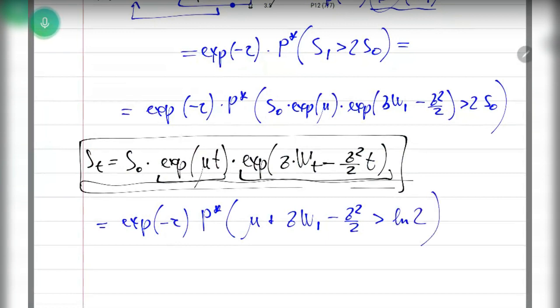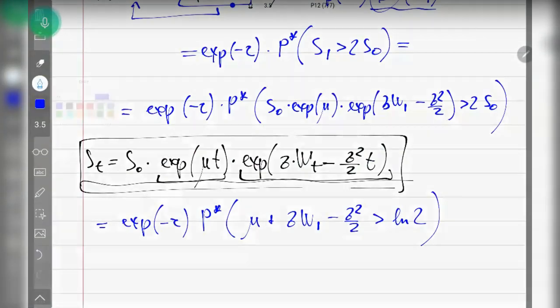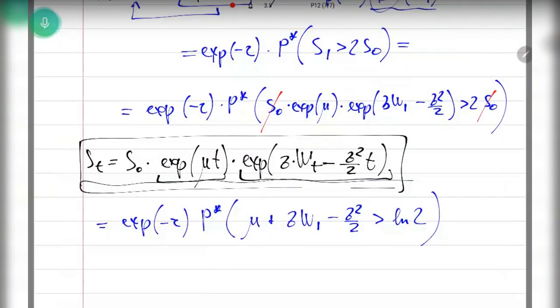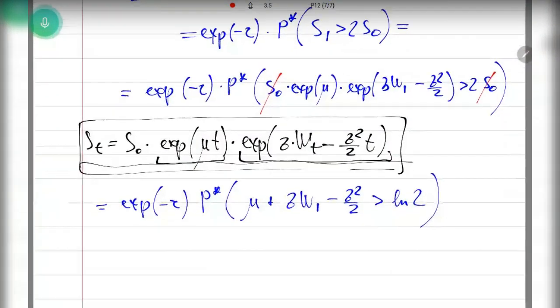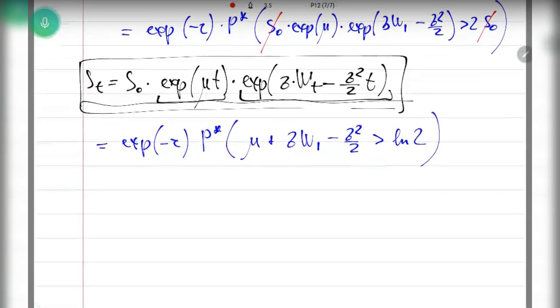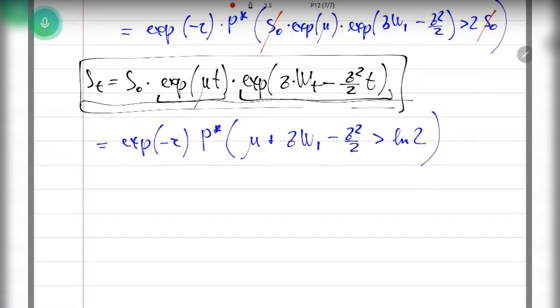Just I cancel S_0 and I take log. And now I see the problem. Under P star, W_1 is not normally distributed.